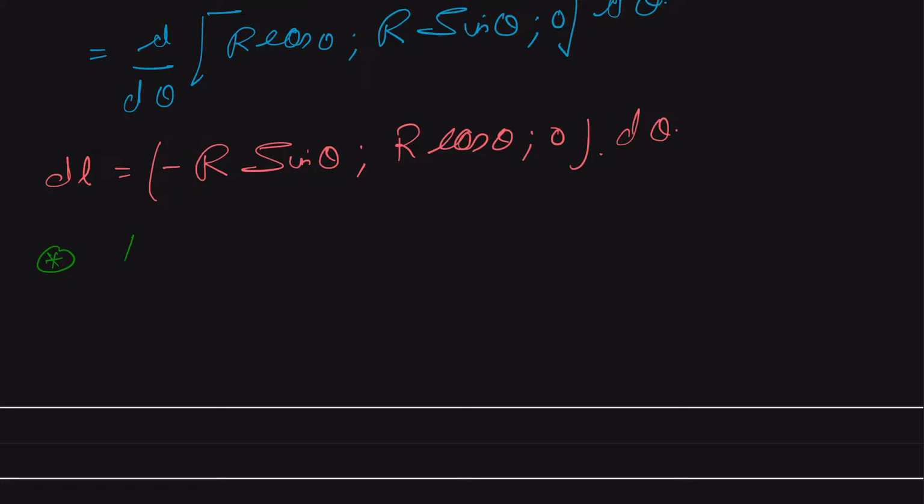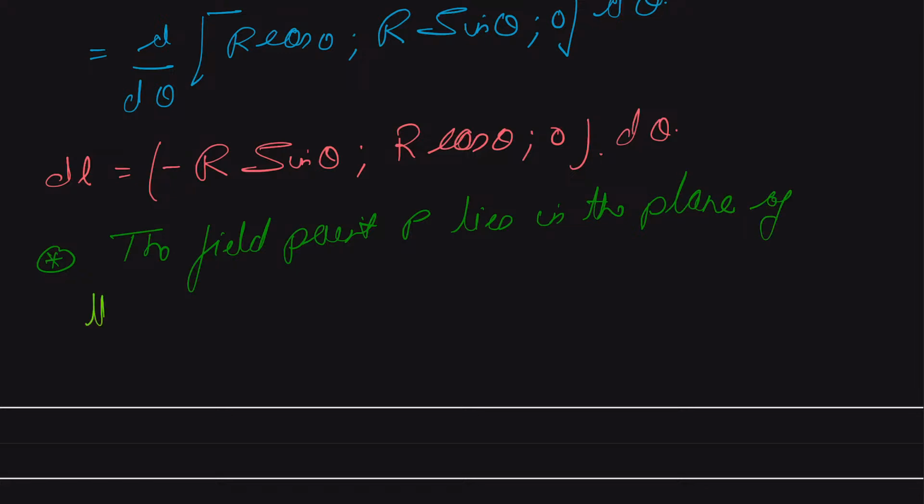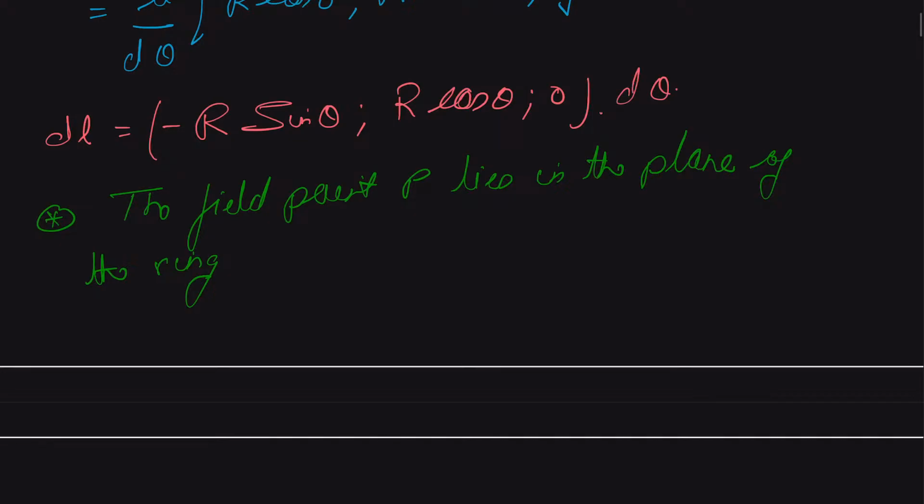So we are given that the field point P lies in the plane of the ring, at a distance a from the center.